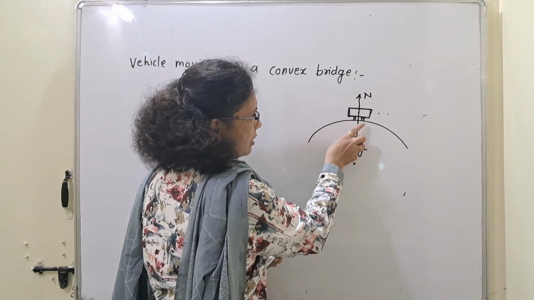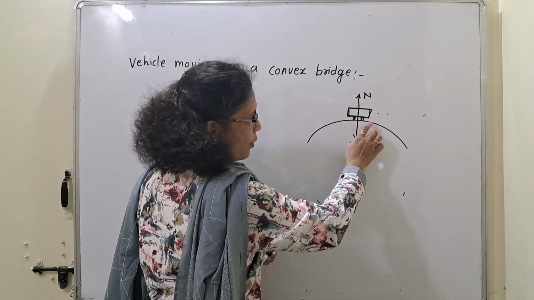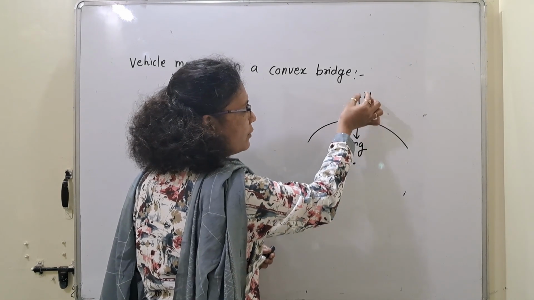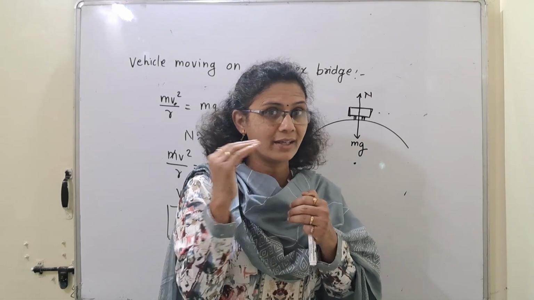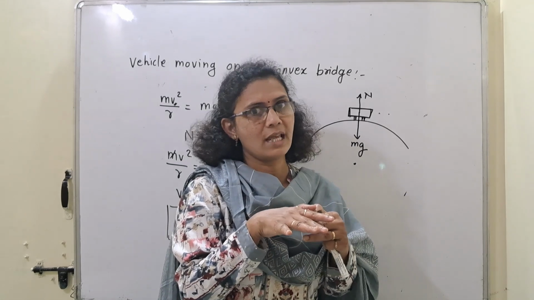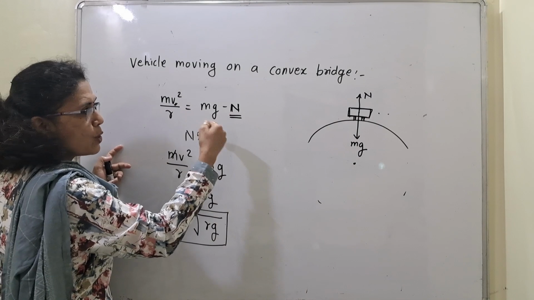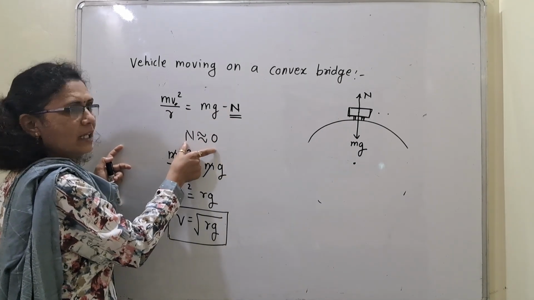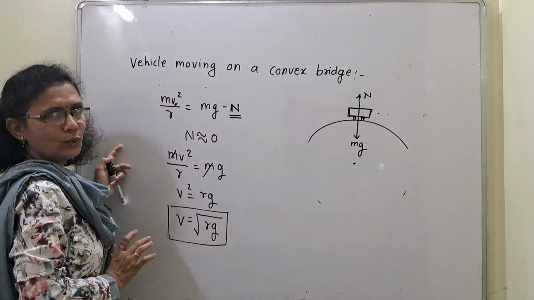Not here, not here, not here. We are considering the topmost position of this convex bridge. At this point, the normal will be present here only to make the contact of that vehicle with the surface. And for that maximum speed, this N will go on decreasing, so this N can be approximately equal to 0. Therefore, mv square by r will be equal to mg.